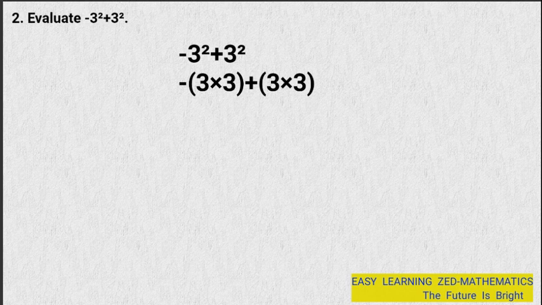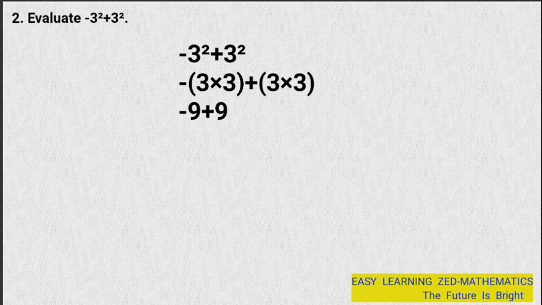Now you can see the negative sign is outside. Then I'm going to work out what is in the bracket. 3 multiplied by 3 will give me 9, so it will be negative 9. Then plus 3 by 3 will give me 9 as well. So now I've come up with negative 9 plus 9.